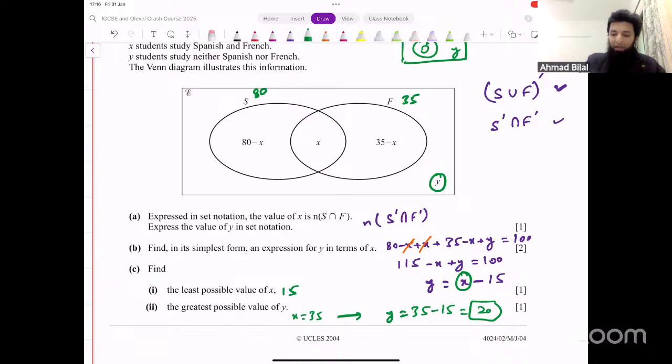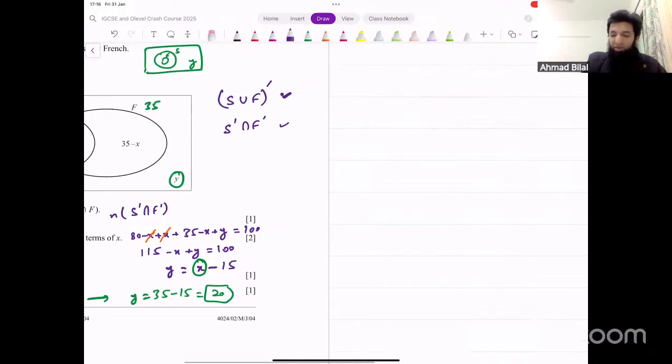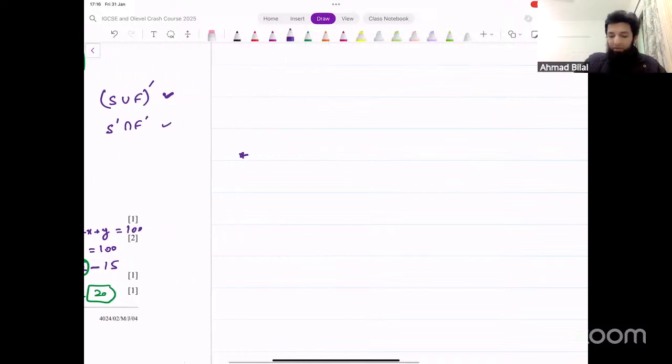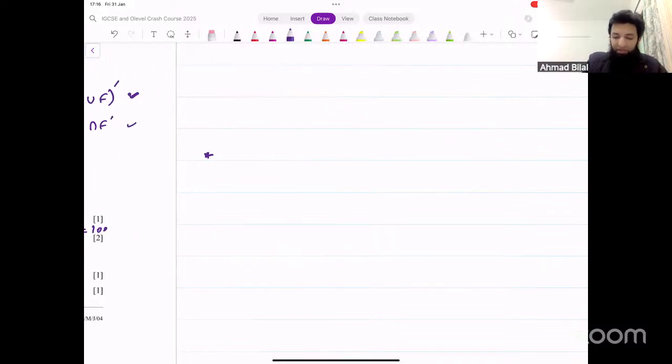Now, this is a thumb rule that you will keep in mind, that will work in almost every single question like this.